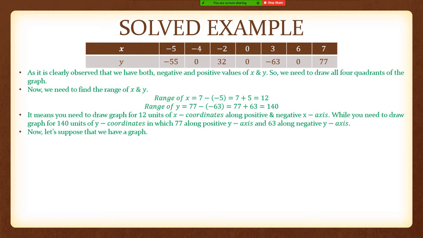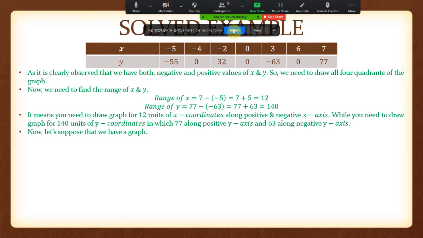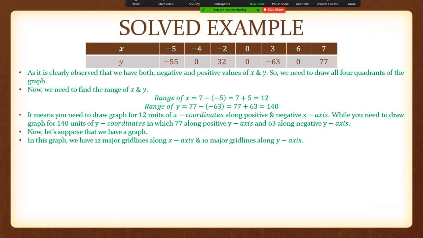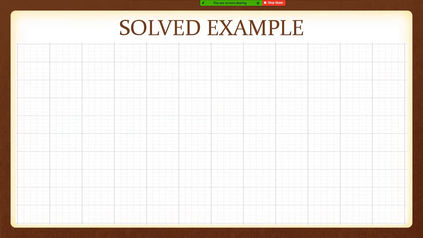Now let's suppose that we have a graph. In this graph, we have 12 major grid lines along the x-axis and 10 major grid lines along the y-axis. This is your graph, and you can count the major grid lines along the x-axis and along the y-axis.